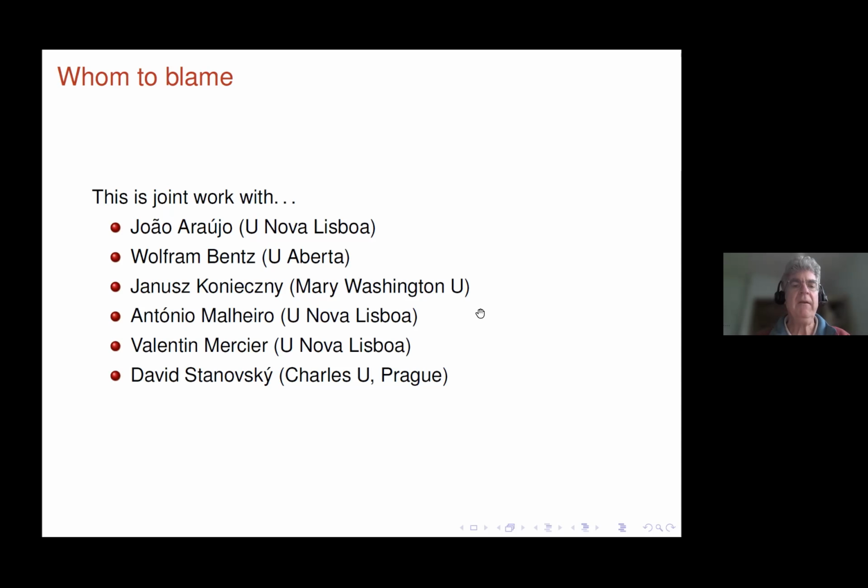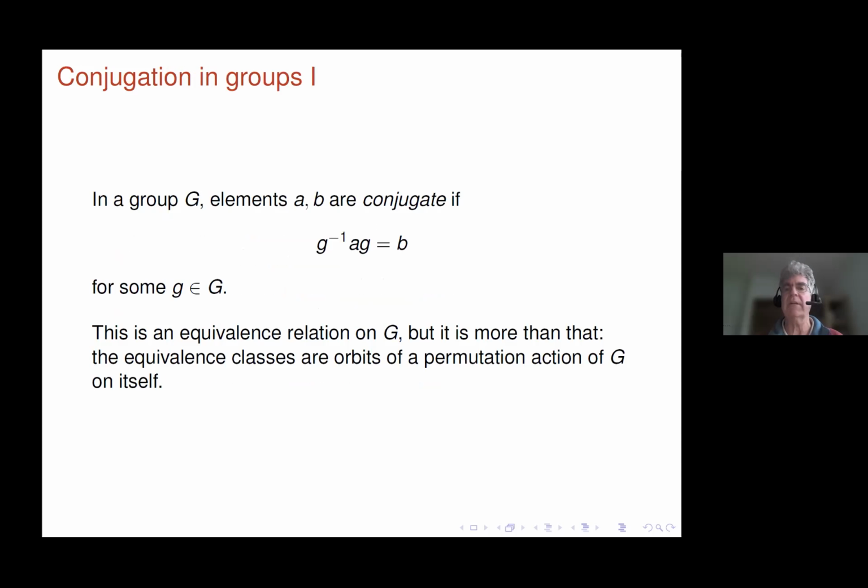All right, so let me first, just to set the tone, start with some stuff that is sufficiently basic that I run the risk of insulting your intelligence, but I simply want to do this to give a sense of where we're heading. Let's talk about conjugacy in groups. We won't say too much other than the basics.